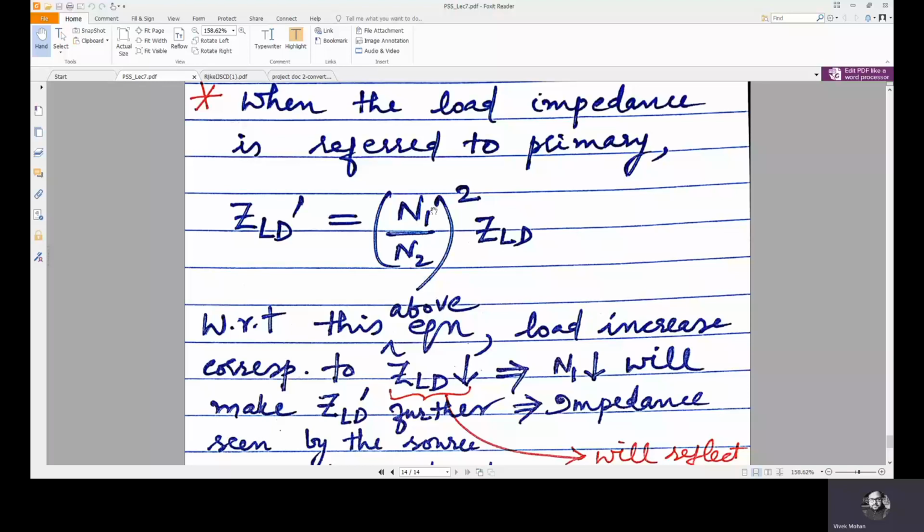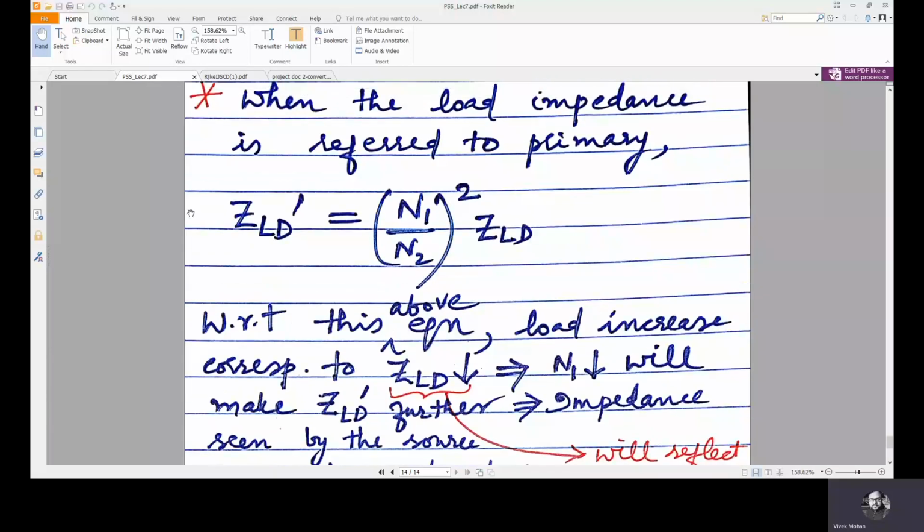So N1 is reduced. When N1 is reduced, ZLD dash will reduce by N1 squared, right? ZLD dash is reduced in the sense that the primary referred impedance is reduced.